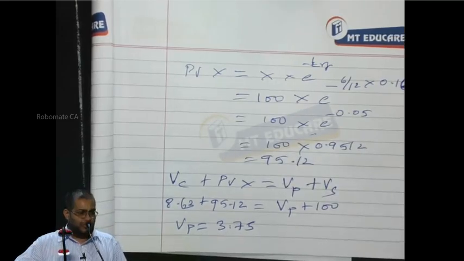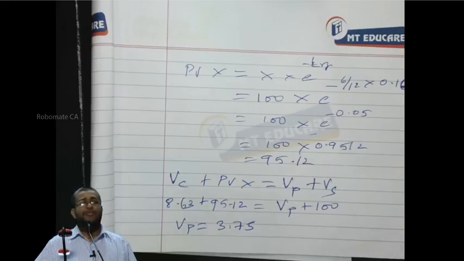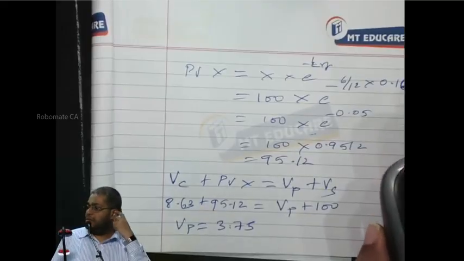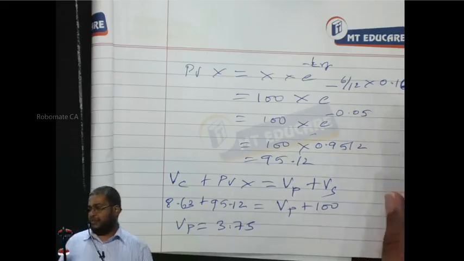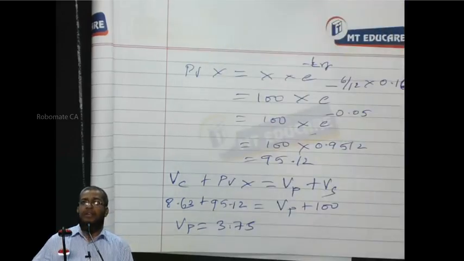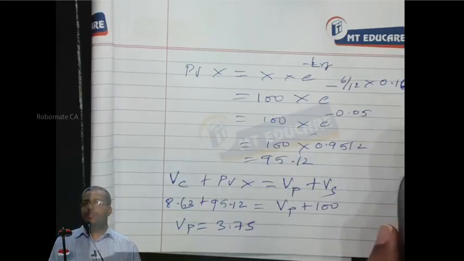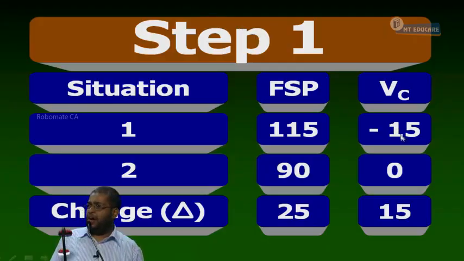But option value differs. For example, in the part B question, the option value can either be, what? 15 or 0.